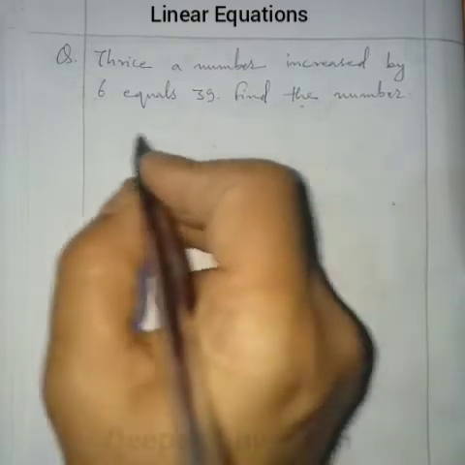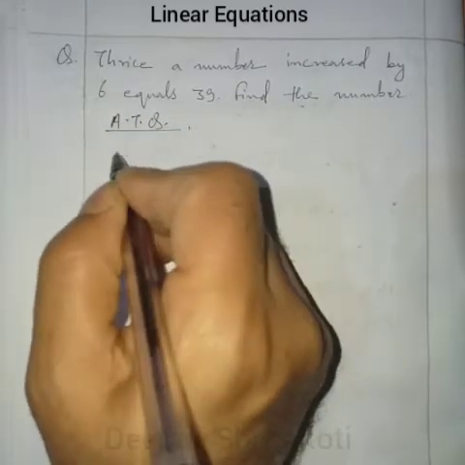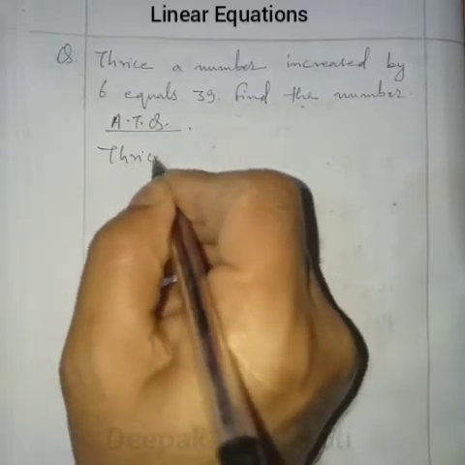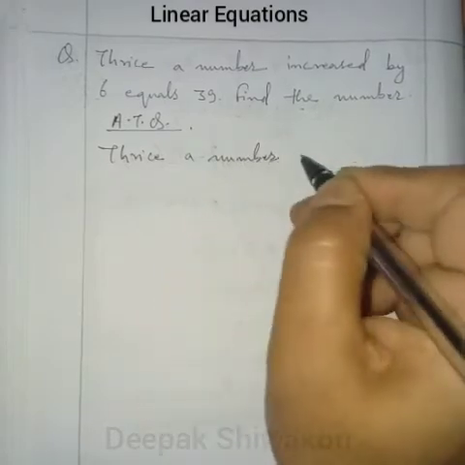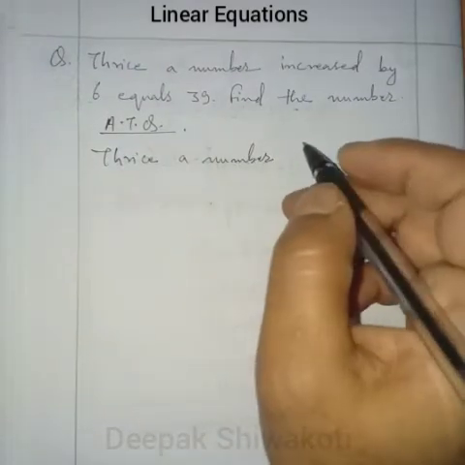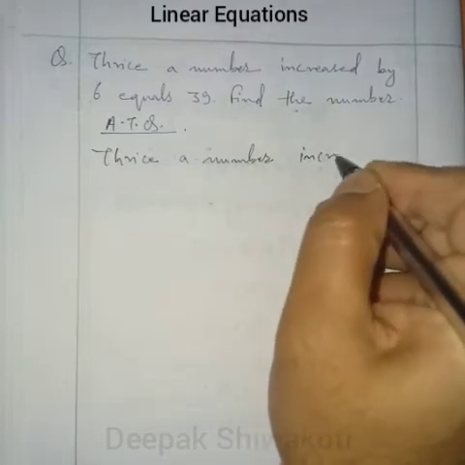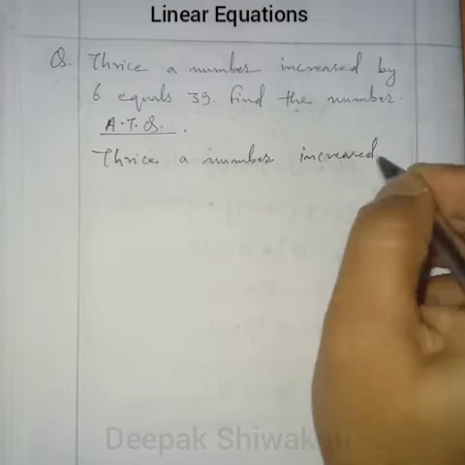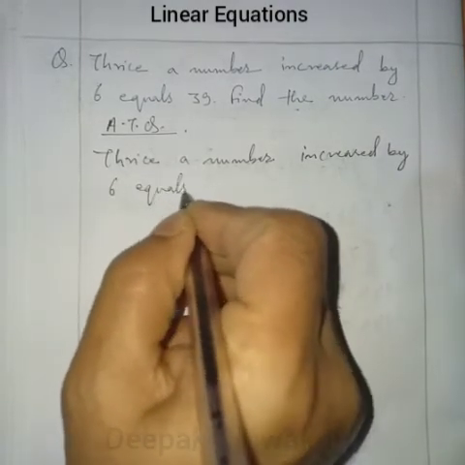39. Okay, so here according to the question, thrice a number increased by 6 equals 39.